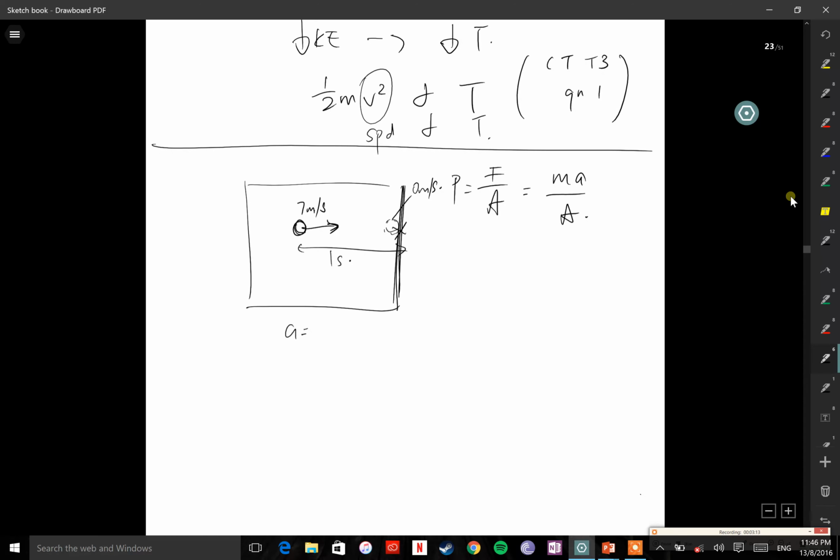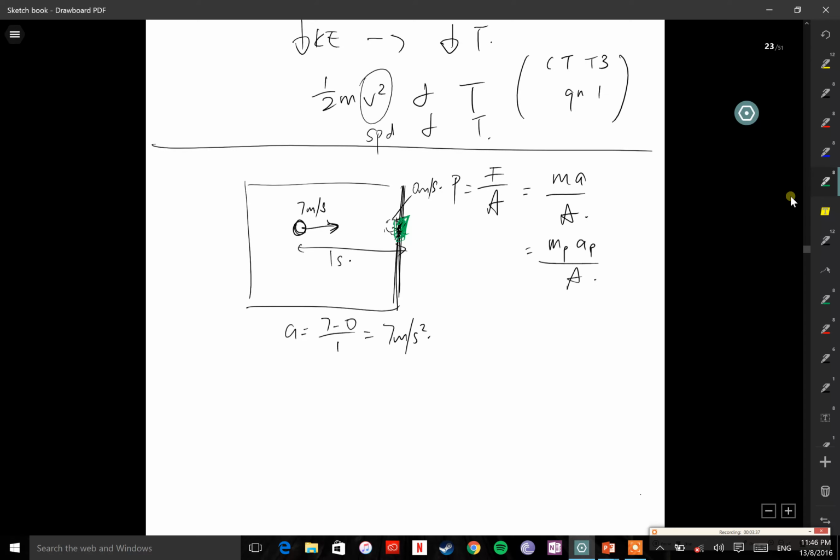Acceleration is basically 7 minus 0 over 1, which is 7 meters per second square. So basically we have the mass of the particle times the acceleration of the particle, over the area. This green area is the area that was hit by the ball.